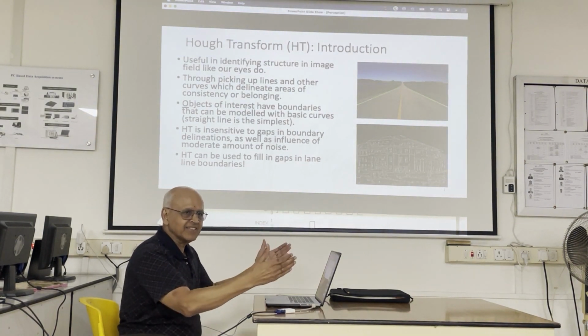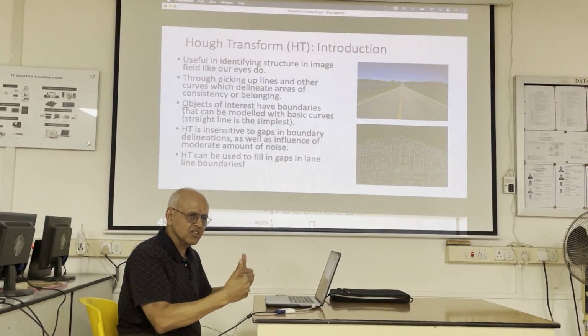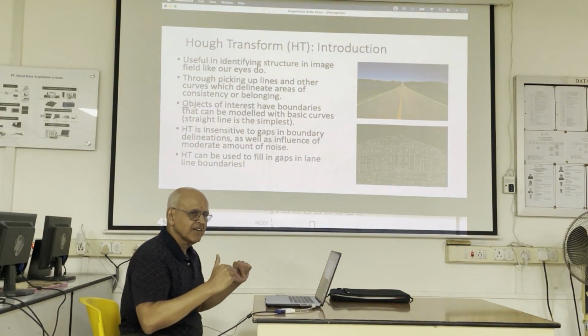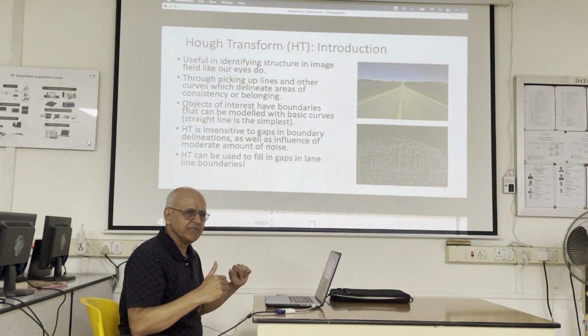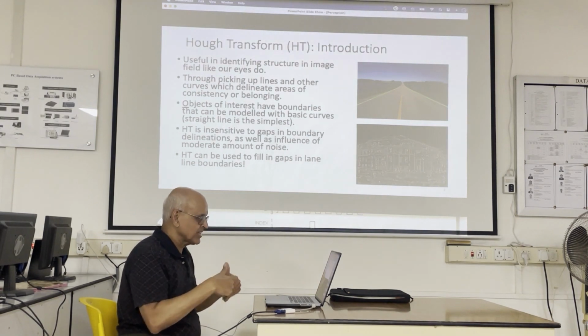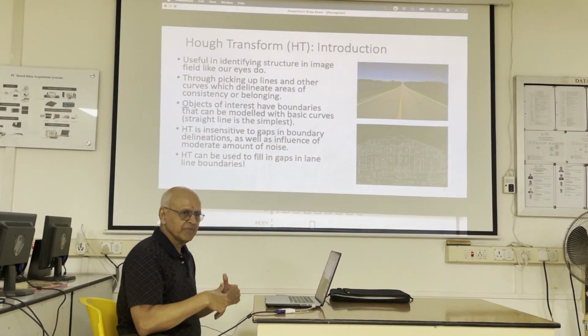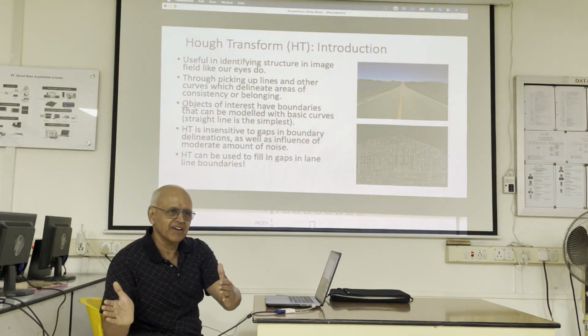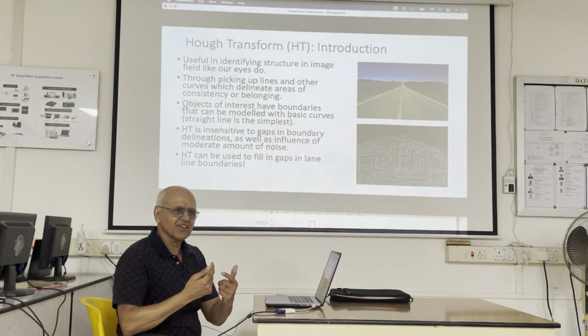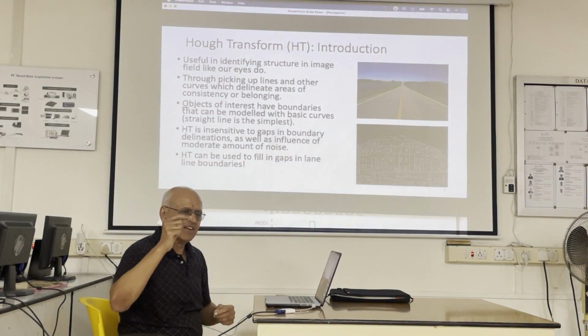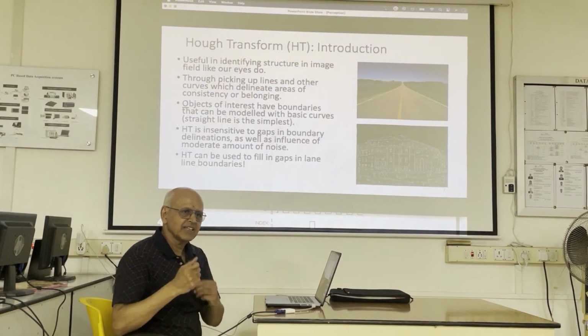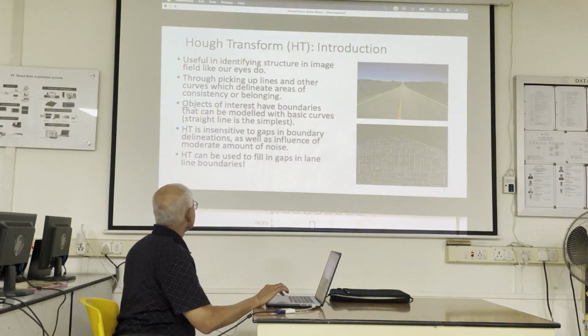So the lines that the Hough transform algorithm has picked out for me are spaced roughly 5 meters apart and heading in the direction where my car is going. Because you don't expect the lane line to suddenly be here, right? Unless your car got into an accident. So the Hough transform with the addition of heuristics is a very powerful tool, as you'll see.